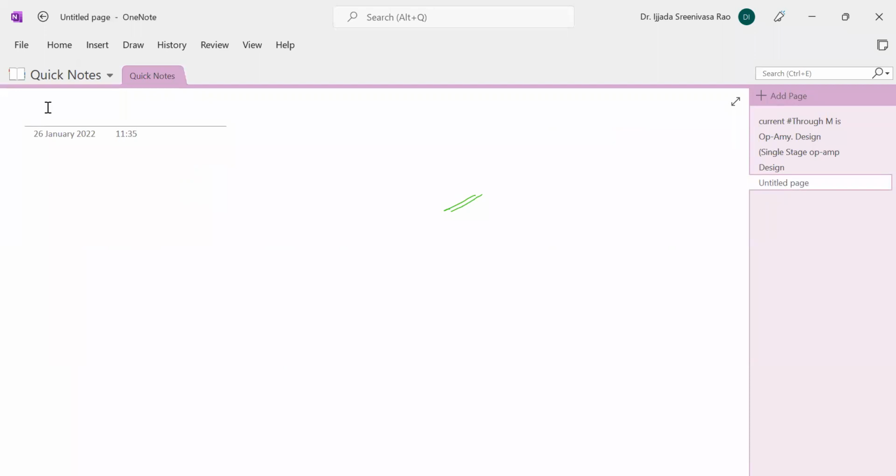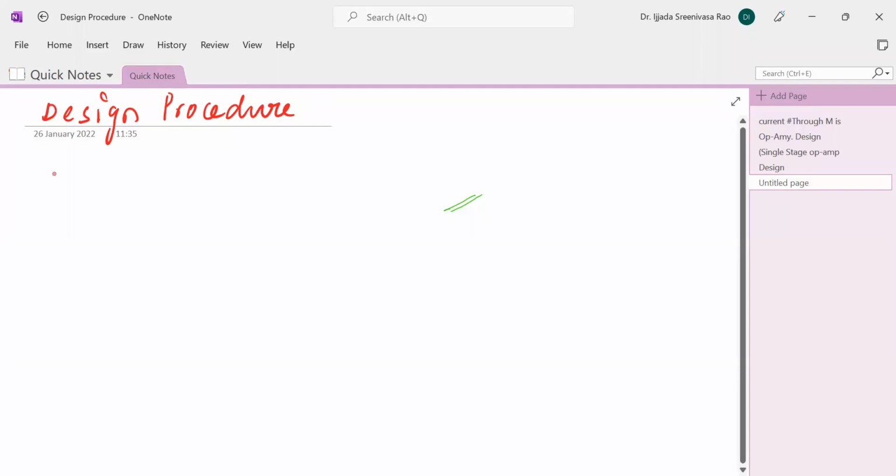So the design procedure I will write here. The design procedure is, first of all, find the I0 value. What is I0? I0 is the reference current source value, which is nothing but the DC current, from the slew rate.